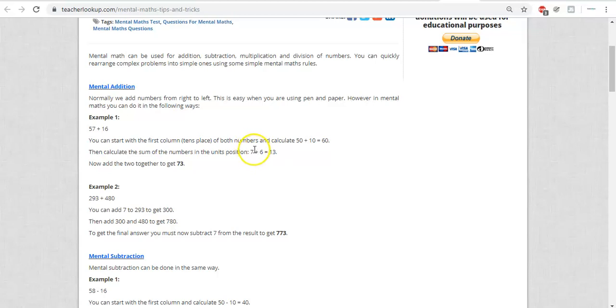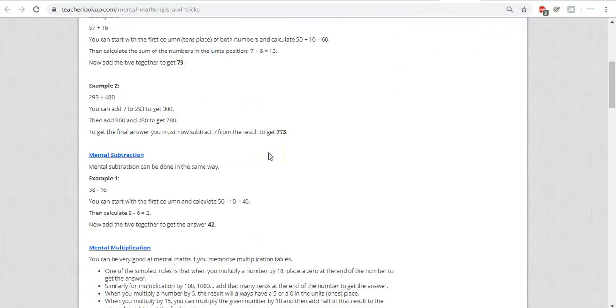And also, an easier way to think about adding 7 plus 6 is that 6 has two threes in it. So 7 plus 3 equals 10, and you're adding another 3, which is 13. This is the way I saw of getting 13, guys.